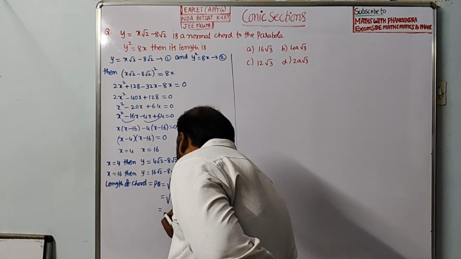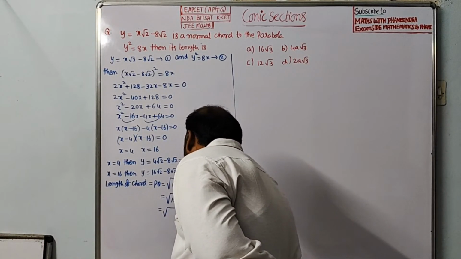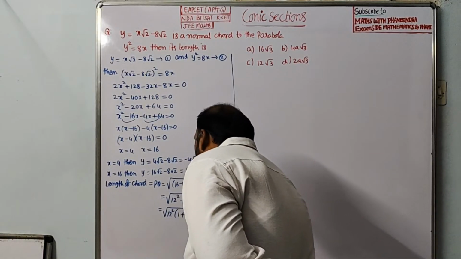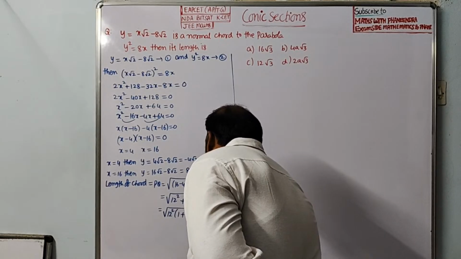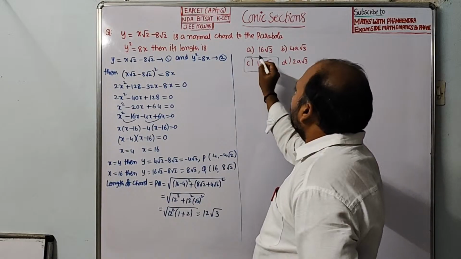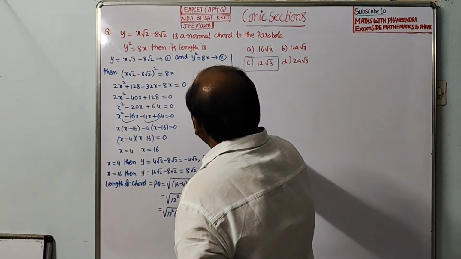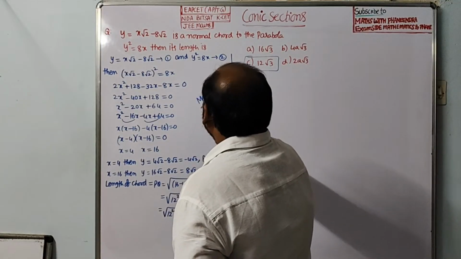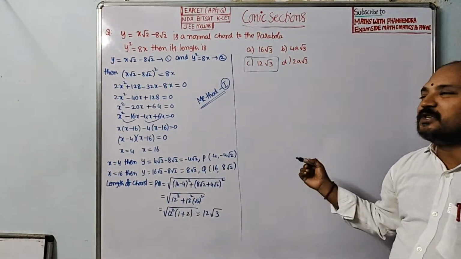So 12 square bring outside, root over 12 square into 1 plus 2. Root 2 whole square is 2. So 12 into root 3. So 12 root 3, it is there in the third option. This is method 1, dear students. Come to method 2.